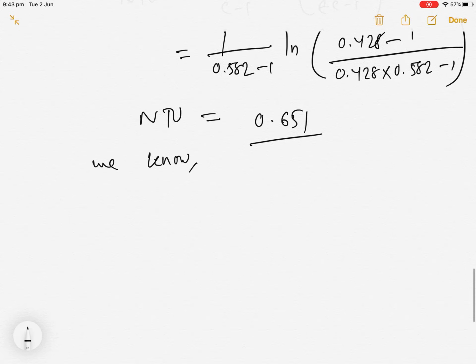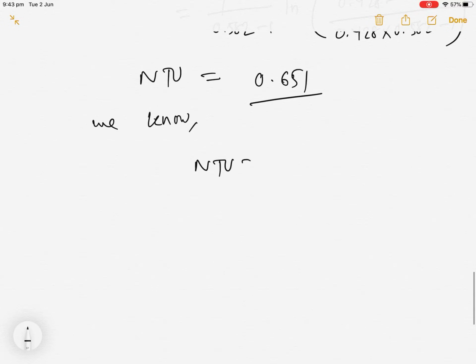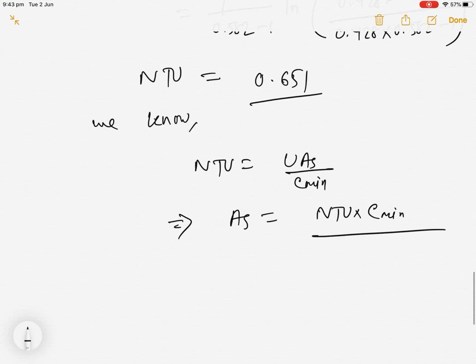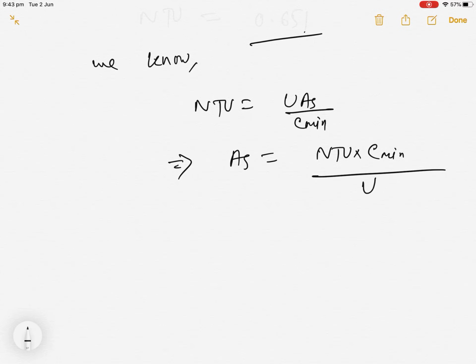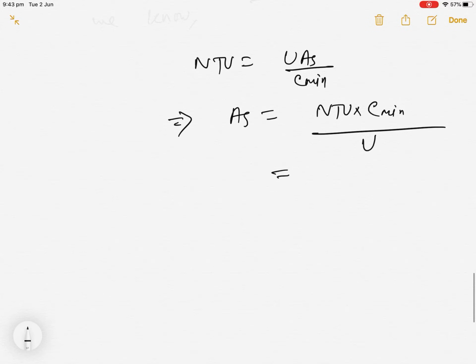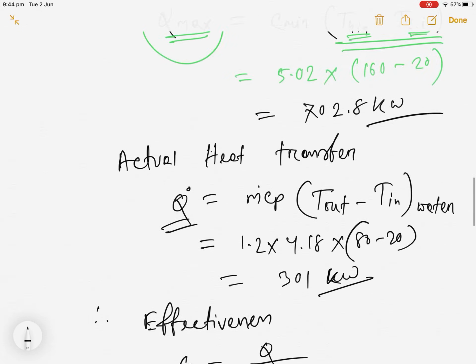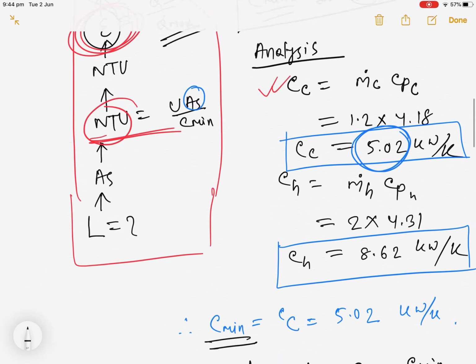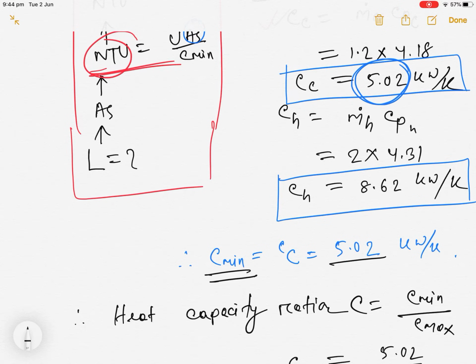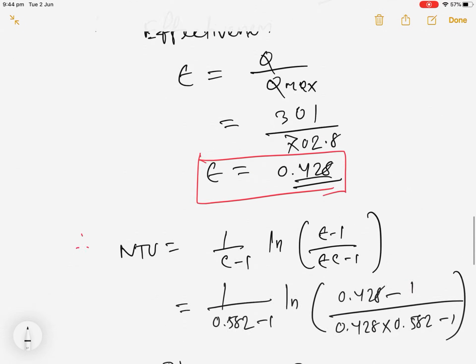Once we have this NTU, we know the relation of the NTU. It is equal to UAs over C min. So that means the surface area will be NTU times C min over the overall heat transfer coefficient. So NTU is 0.651. C min, I forgot the value for C min.